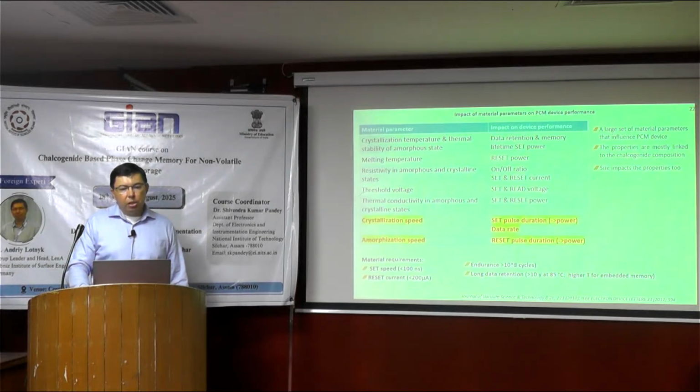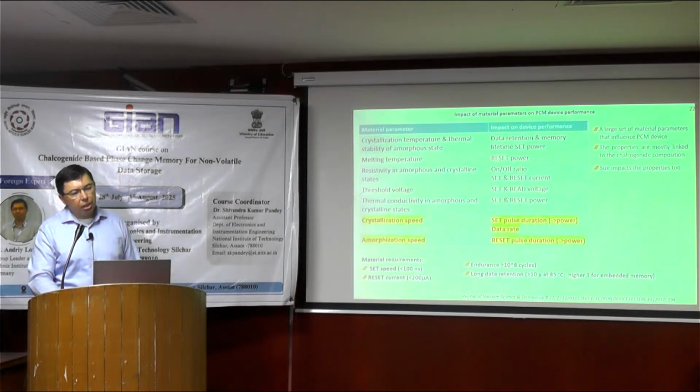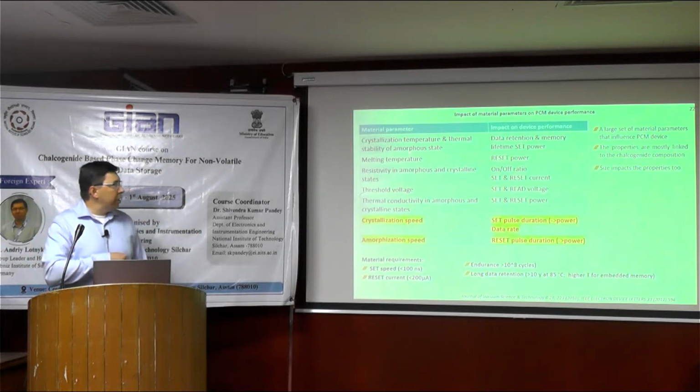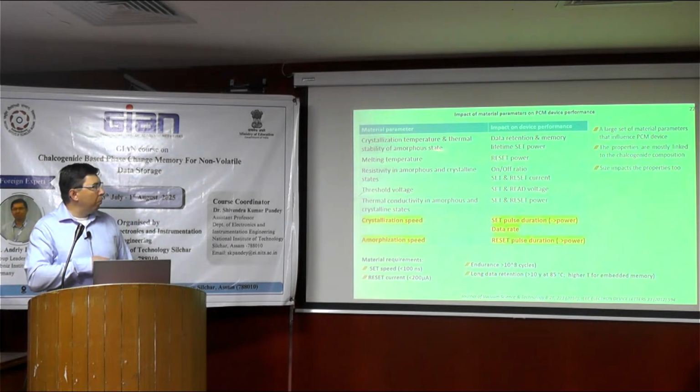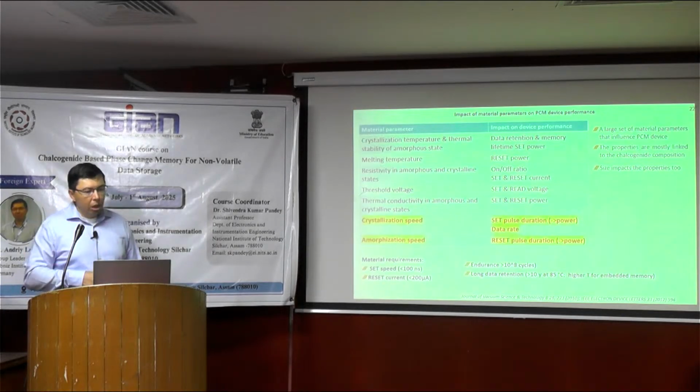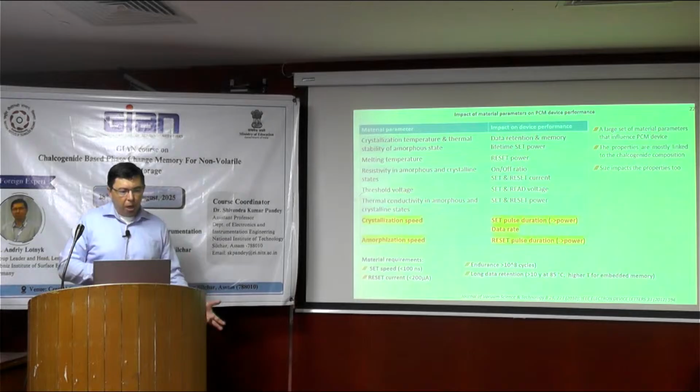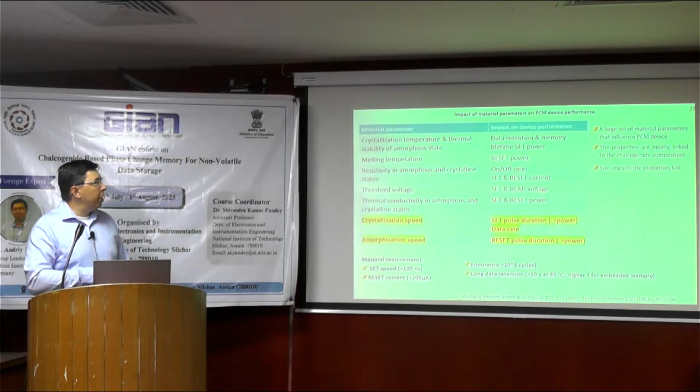So now let us look at the material parameters and how they impact device performance. For example, crystallization temperature and thermal stability of the amorphous state impact the data retention and memory lifetime, or so-called set power. The melting temperature affects the reset power.